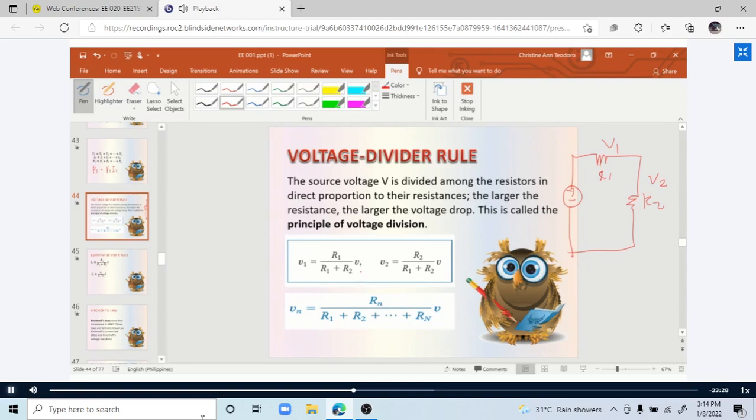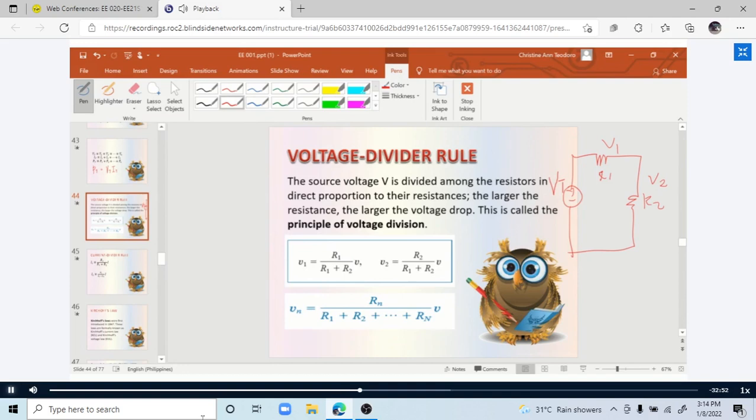Okay? So later on, if you have a series and parallel connection, your V is the voltage that is being divided by the two resistors that you are going to get the voltage drop. So let's say for example, in this circuit, since this is just a very simple circuit and you have your total voltage in here, let's say this is 12 volts, it means that the V that you are going to use here is 12 volts since there are just two resistors.